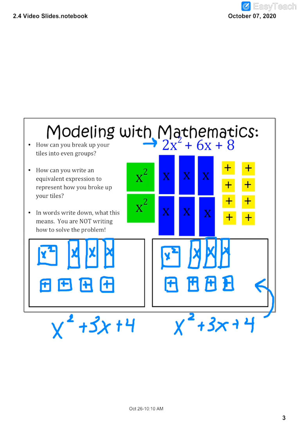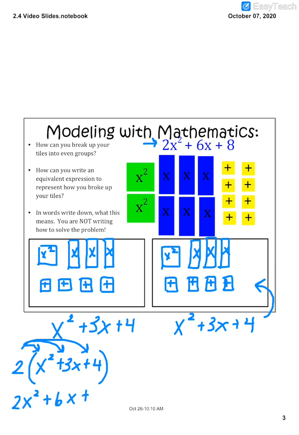Because I have 2 groups, I can write 2 times x squared plus 3x plus 4. And if I wanted to check this, I would use the distributive property to expand this out. 2x squared plus 6x plus 8. And I see that I get my original expression.